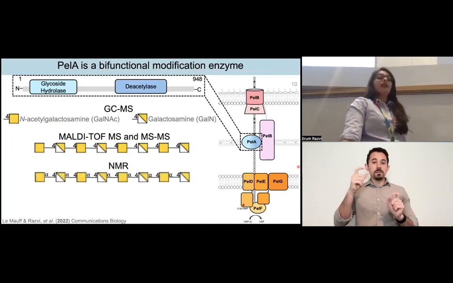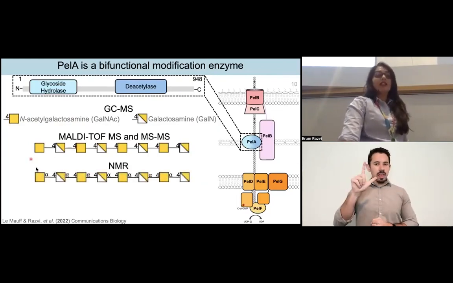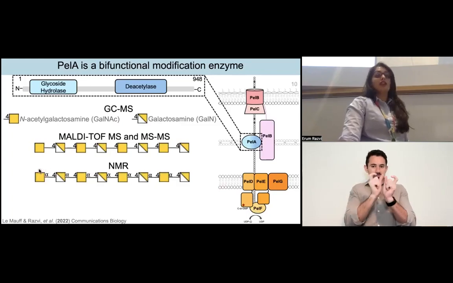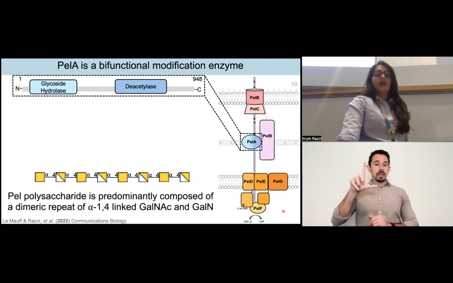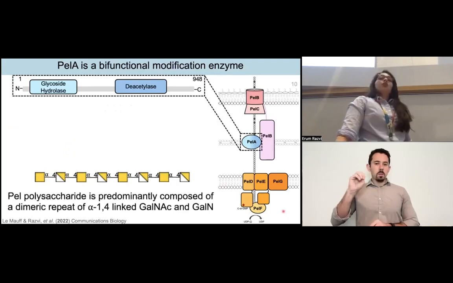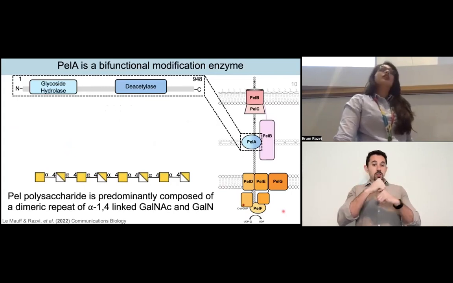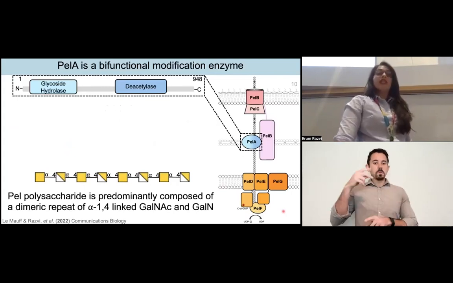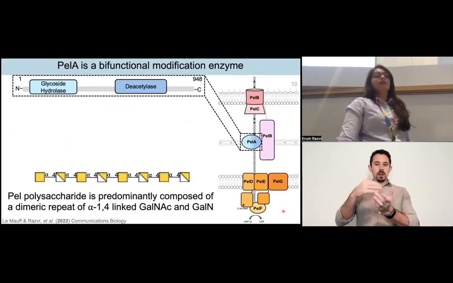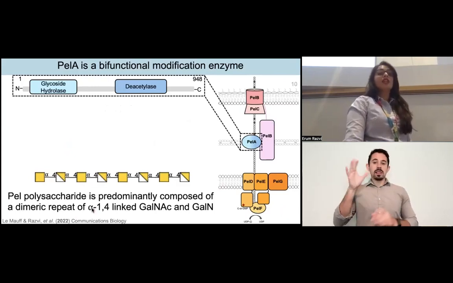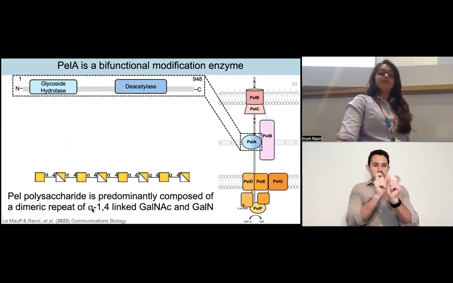And lastly, NMR analyses showed that PEL contains an alpha anomeric configuration. So we determined the complete structure of PEL to be a polysaccharide predominantly composed of a dimeric repeat of alpha-1,4 GalNAc and GalN. And the data is shown in our recent Communications Biology paper.